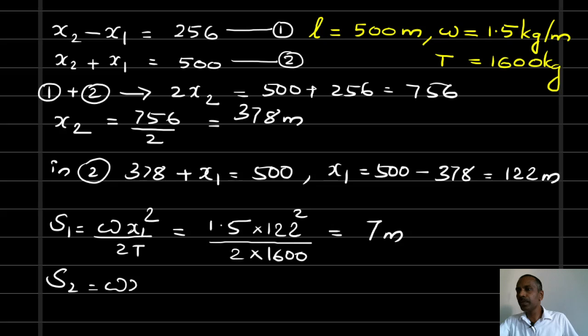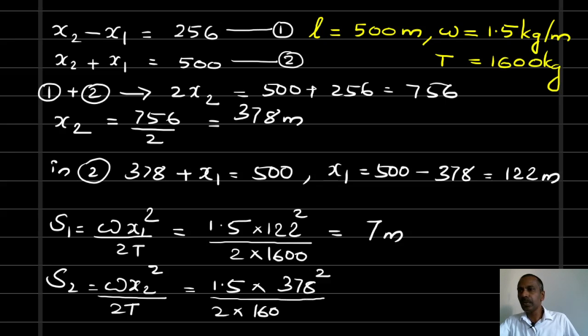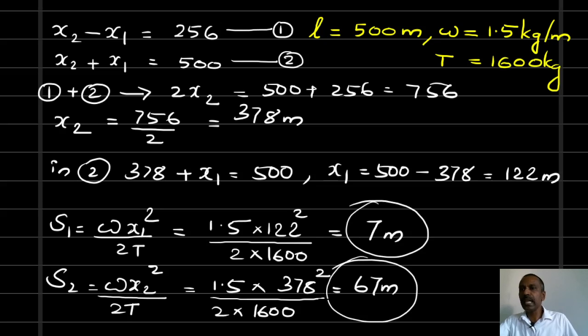S2 is equal to W x2 square divided by 2t, which is 1.5 into x2, 378 square, divided by 2 into 1600. This is equal to 67 meters. Now we got the two SAG values, S1 and S2.